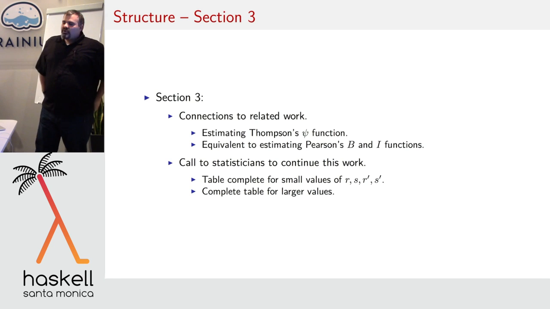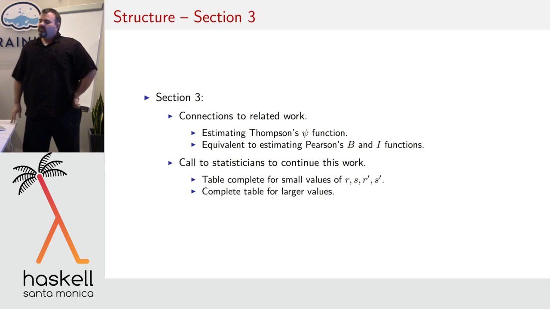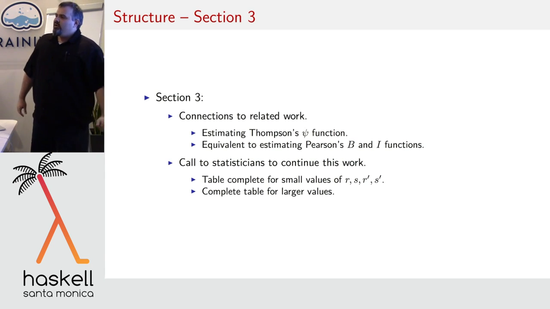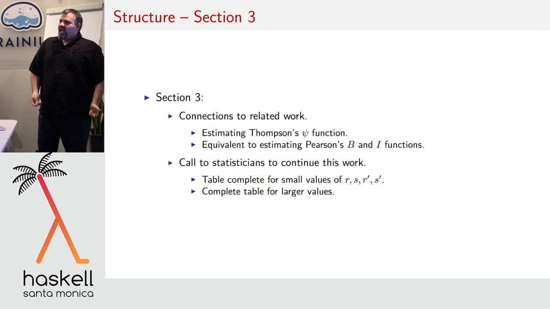I'm not exactly sure what those are because I don't have Pearson's paper that Thompson is citing, but I have a strong hunch that B and I are what we would call today a beta distribution and an incomplete beta distribution.